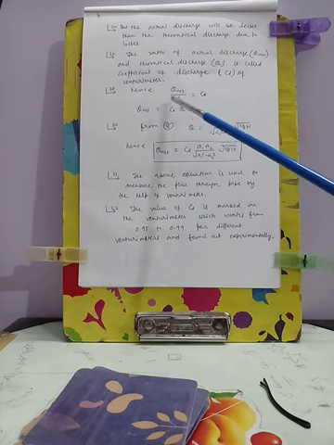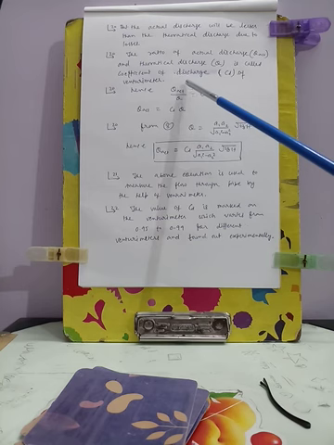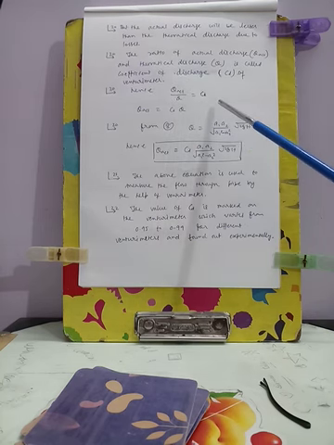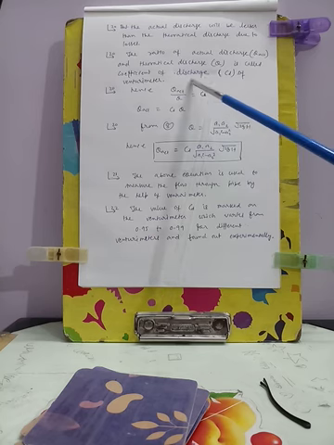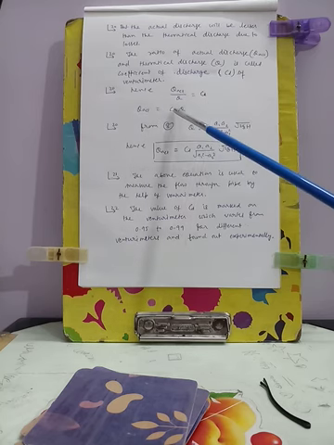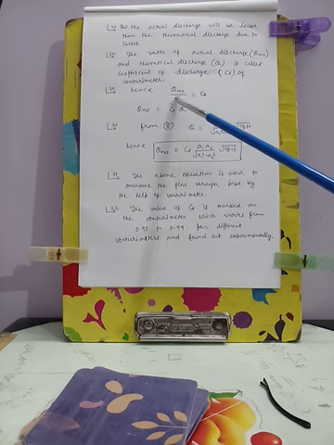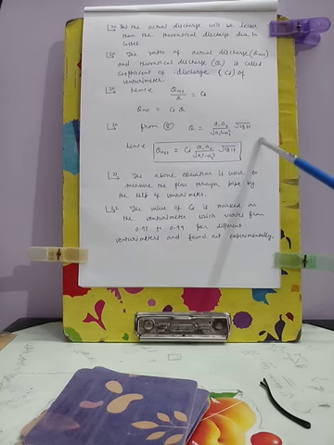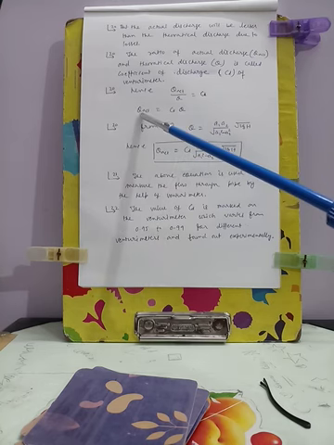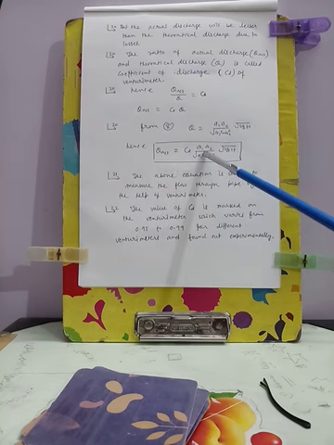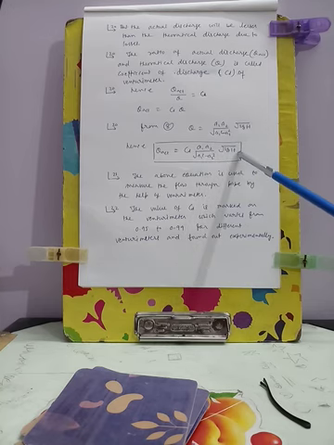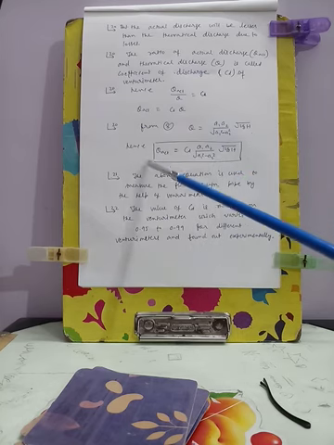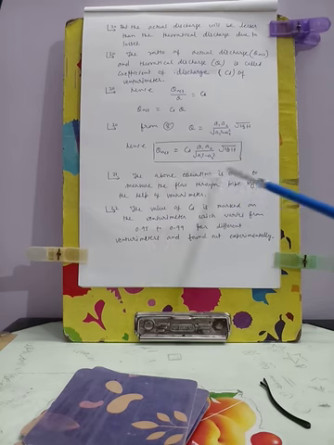Mathematically, we have CD is equal to actual discharge by theoretical discharge. So from here we get actual discharge is equal to coefficient of discharge times theoretical discharge. Theoretical discharge we have already deduced in equation 8. So actual discharge will be CD into A1 A2 under root 2gH by under root A1 square minus A2 square. So this is the final equation to measure the actual discharge through the venturimeter.